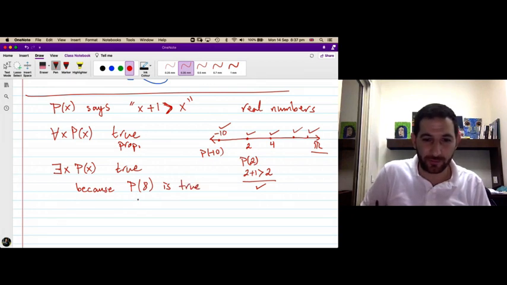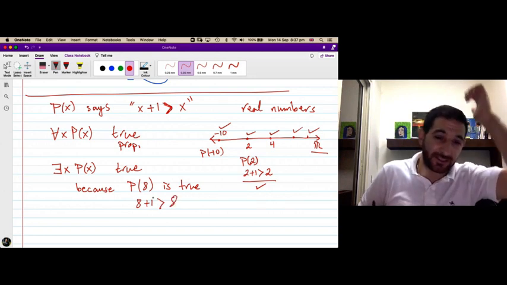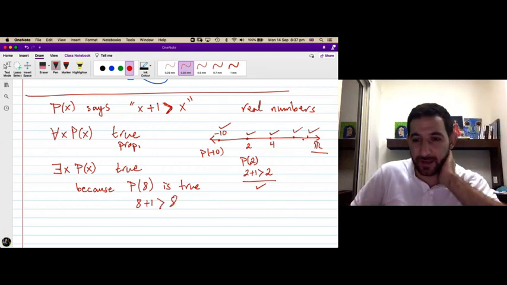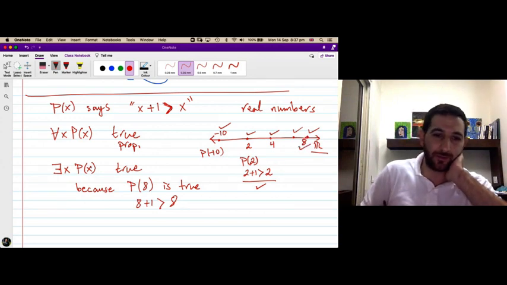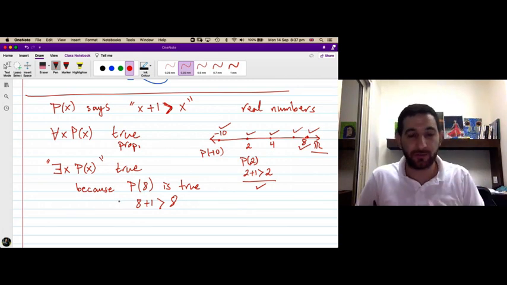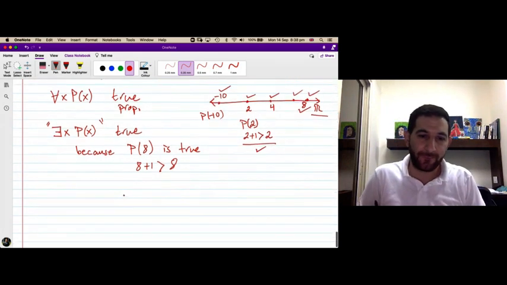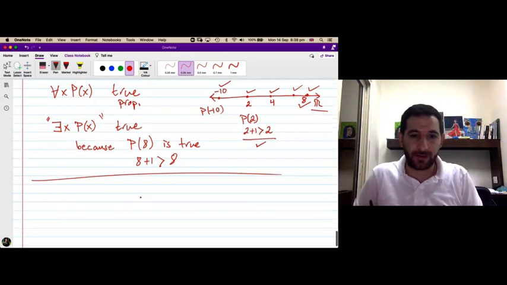Why is P of 8 true? Because 8 plus 1 is bigger than 8. Okay, since we found an element in the domain which has property P, then we declare there exists x, P of x to be a true proposition. Okay, let's have another example.